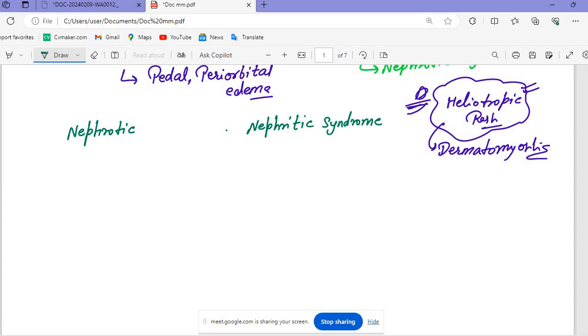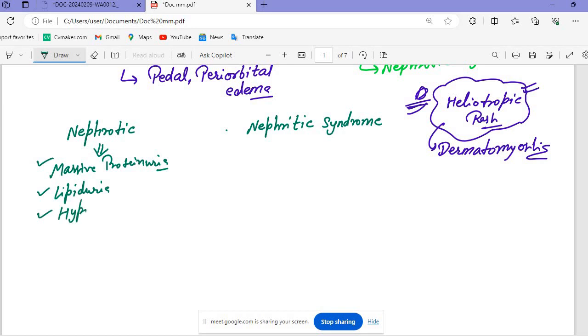See what happened in the nephrotic syndromes. Remember, if we are getting massive proteinuria, whenever nephrotic syndrome comes, think of, oh my god. There will be massive proteinuria, there will be lipiduria, and the major protein from our blood will be reduced.